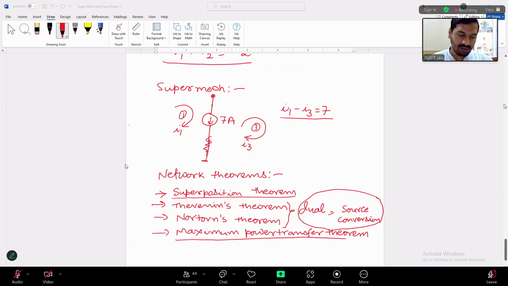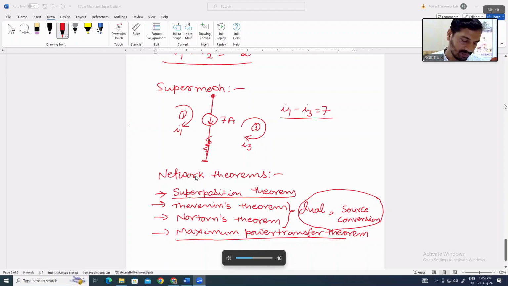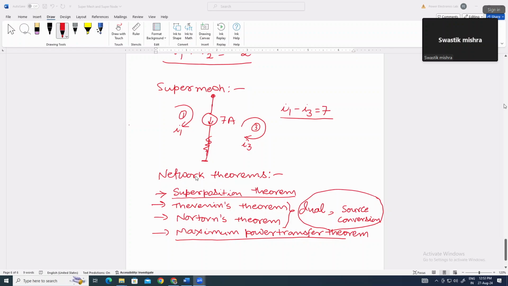Yeah, one more thing. Shashi Shekhar Mishra, are you there? Swastik Mishra. Yes, present, sir. Yasvardhan Chauhan also. Swastik Mishra, your branch is electric vehicle, right?